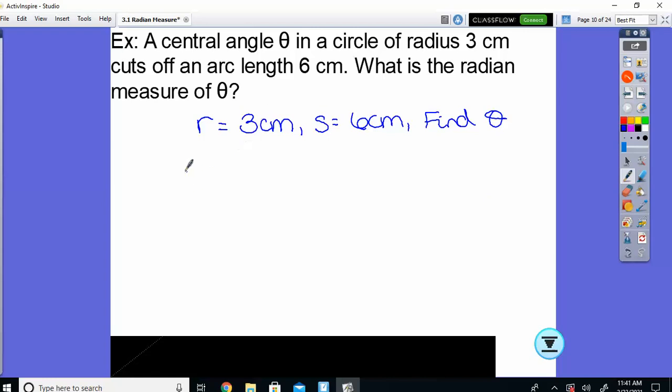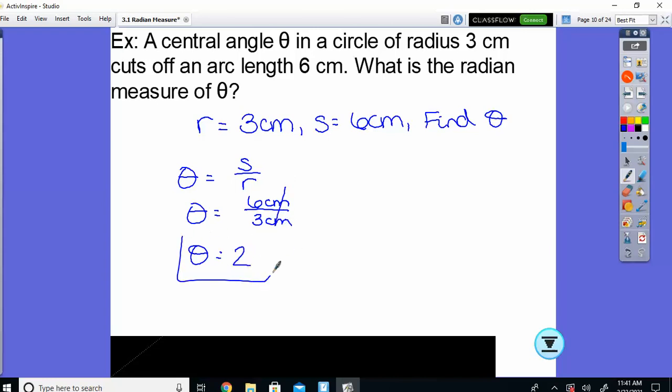Okay, so all we have to do is, we just said that theta equals s over r. Our arc length was 6 centimeters. Radius is 3 centimeters. What happens if you take centimeters divided by centimeters? What happens to that label? It cancels. That's why I said radians don't have a unit. Okay, so just 6 divided by 3 is 2.